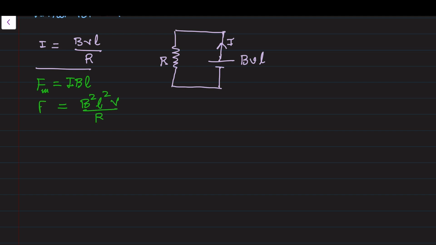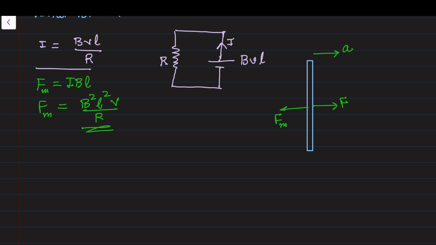If we draw the free body diagram of this movable conducting rod, two forces are acting. One is the constant external force mentioned in the question, and one is the magnetic force B square L square V by R. Under the action of these two forces, it is having some acceleration a.